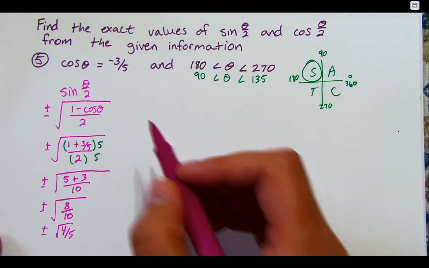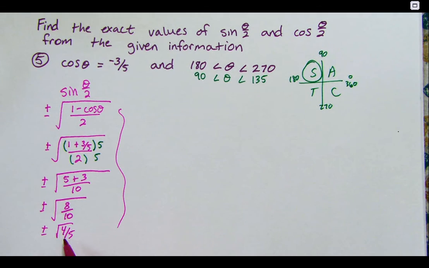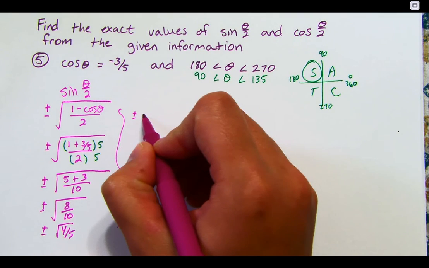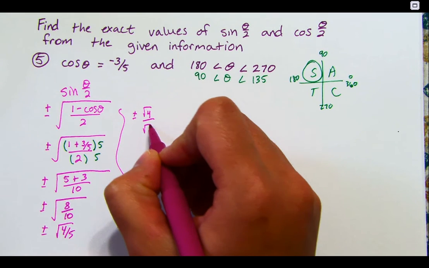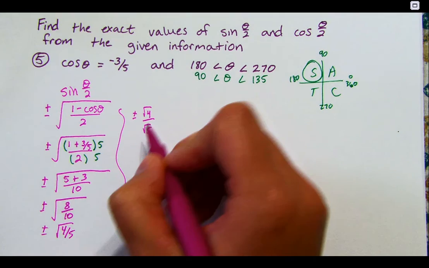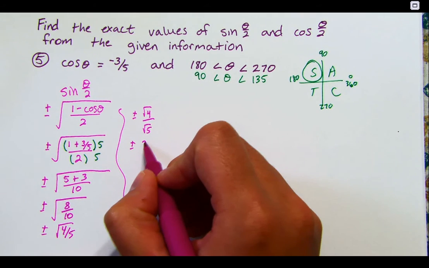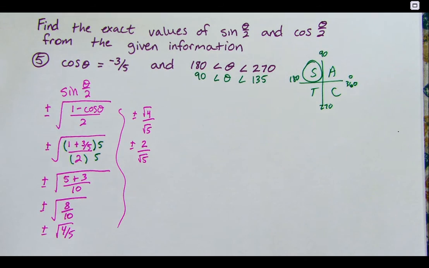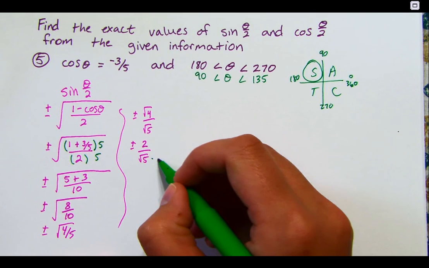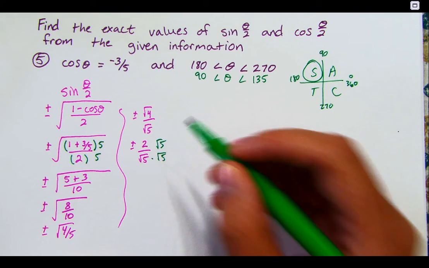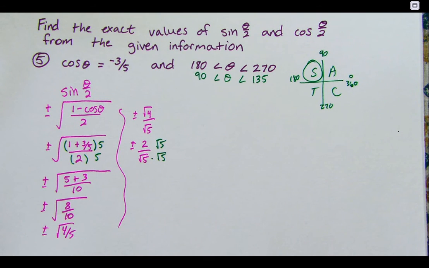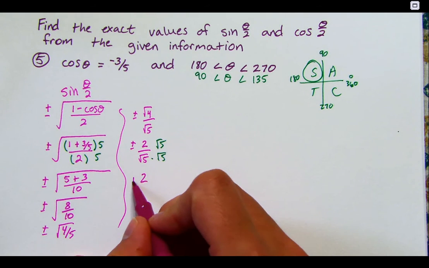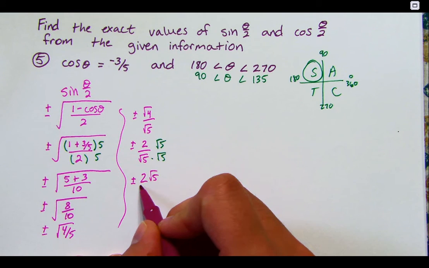And then I need to think of this as 2 separate, so square root of 4 over the square root of 5. And if we keep simplifying, that becomes a 2. And then I can't simplify the square root of 5, but I can rationalize. So 2 square root of 5 over 5.